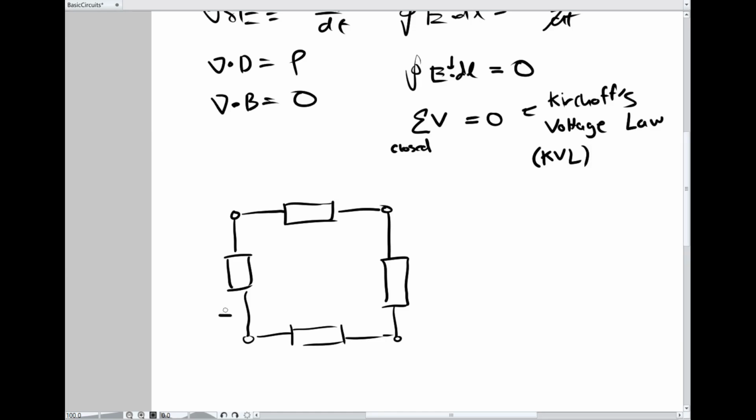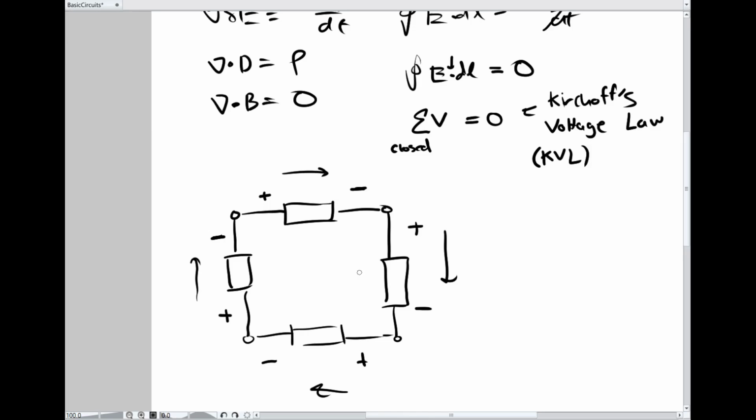Now, keep in mind, you have to define the polarities correctly for this to make sense. For it to make sense, the polarities all have to line up with each other or go the same direction. Which means that if you were to draw arrows from plus to minus on all these, the arrows would all go in the same direction. Or you could say that minus has to always be paired with plus.